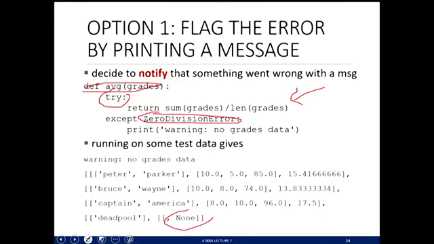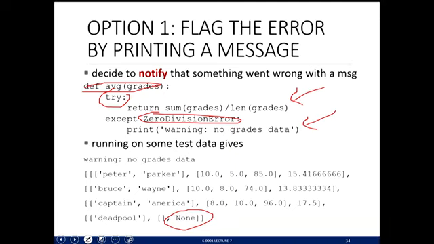And we're going to get this none here for the grades. Okay? So everyone else's grades were calculated correctly, and for this last one, we got a none. That's because when we entered this except statement, if this is a function, remember functions return something. This function in this particular except statement didn't return anything, right?